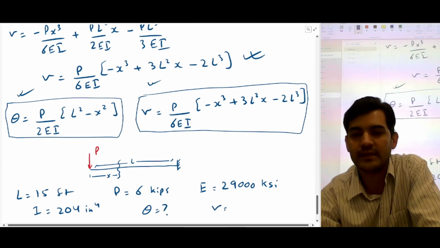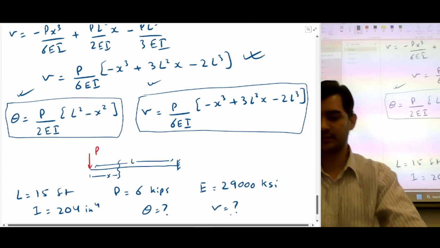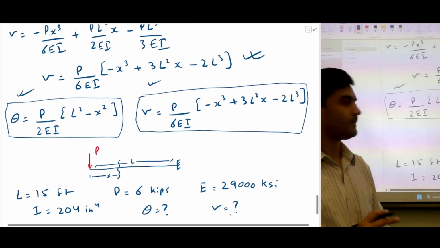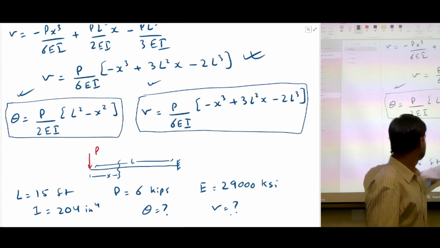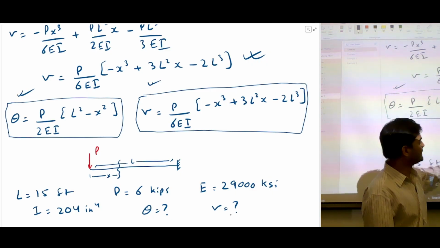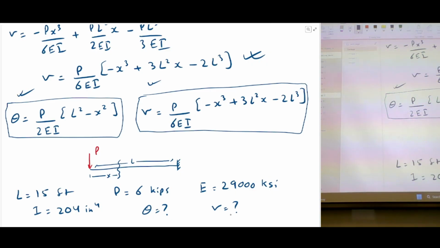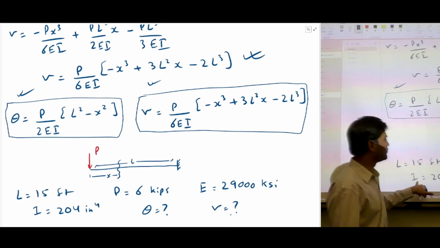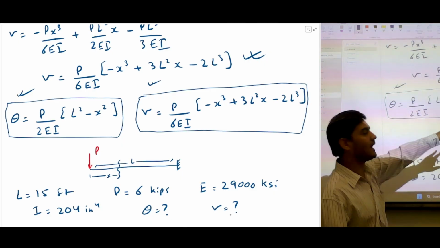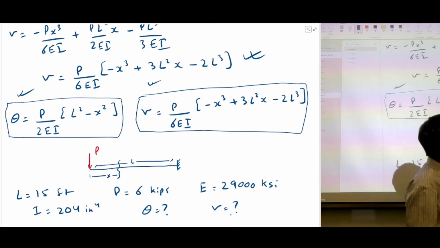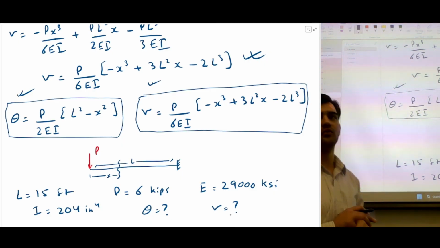What would be the bending angle and what would be the displacement in this case? You can calculate the bending angle and the displacements, and you can let me know what the answers are.